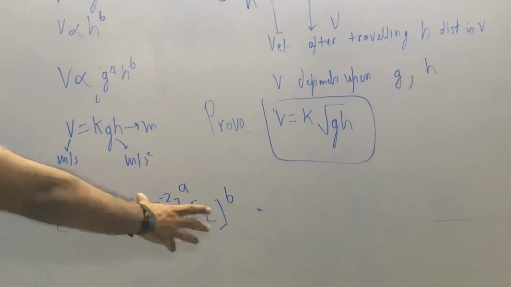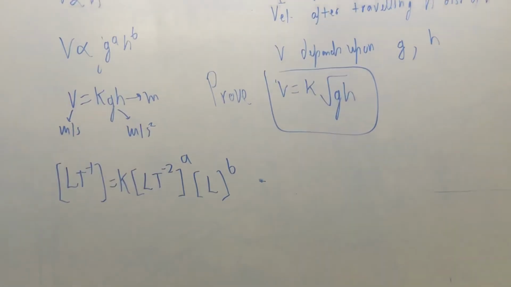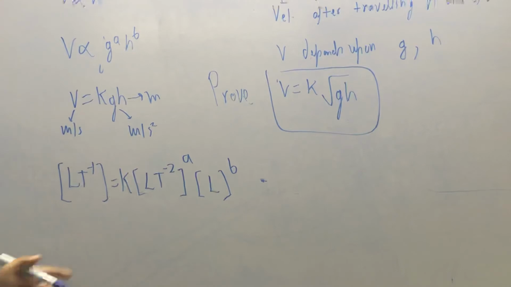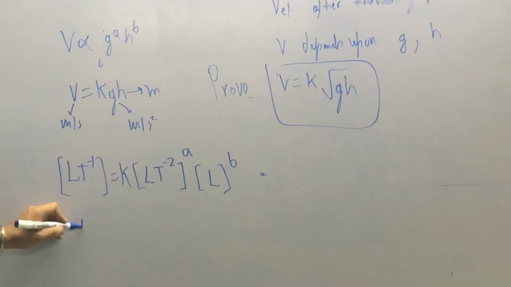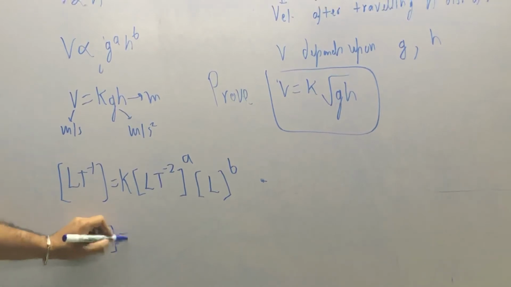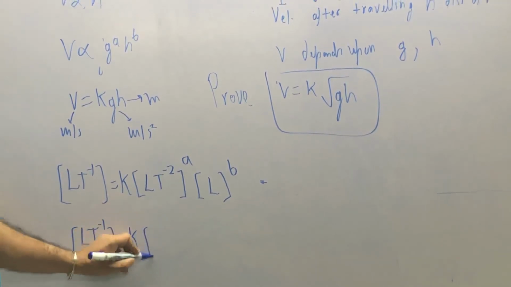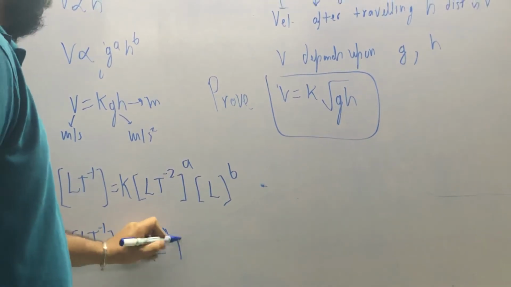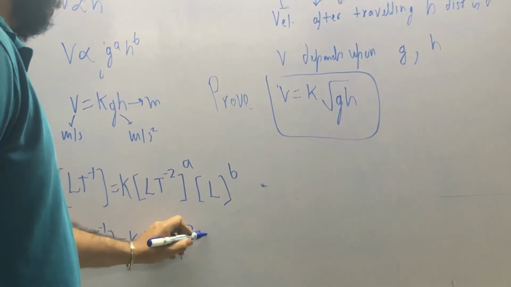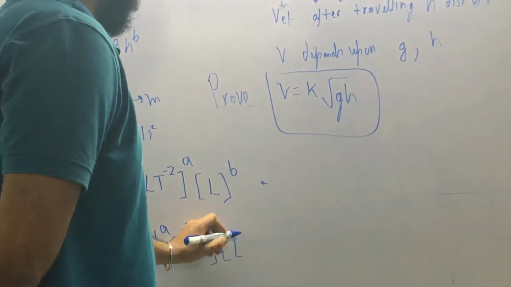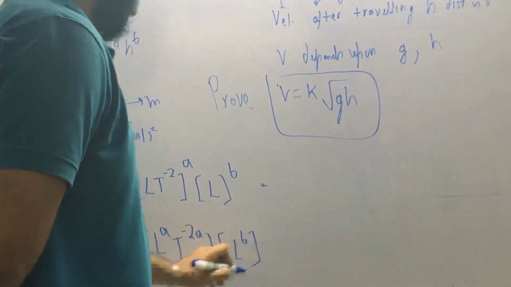Now just combine the L and L, and T and T separately. So just see what I am doing here. LT raised to the power minus 1 is L raised to the power a, T raised to the power minus 2a, into L raised to the power b.